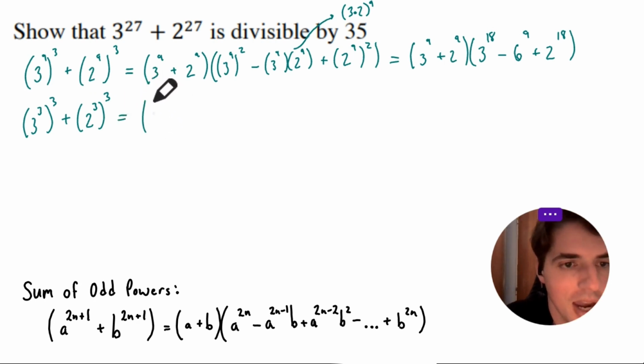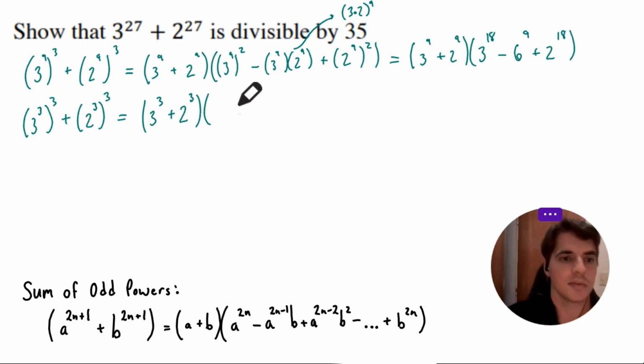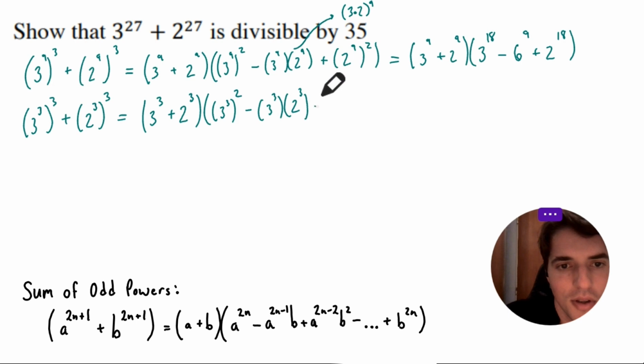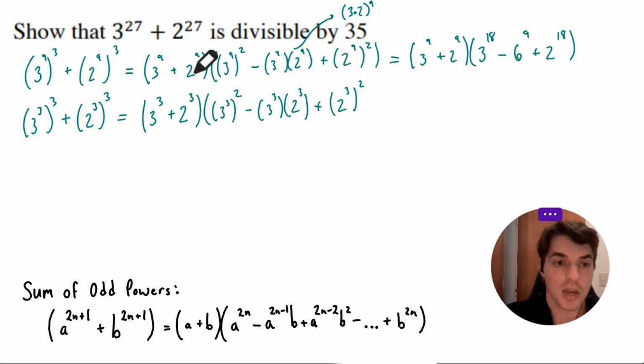Yep, sum of odd powers, here we are. 3 to the third plus 2 to the third times 3 to the third squared, and I'll write it twice. Here we are. 3 to the third squared, 3 to the third, 2 to the third, plus 2 to the third squared. And we would still be multiplying by this.